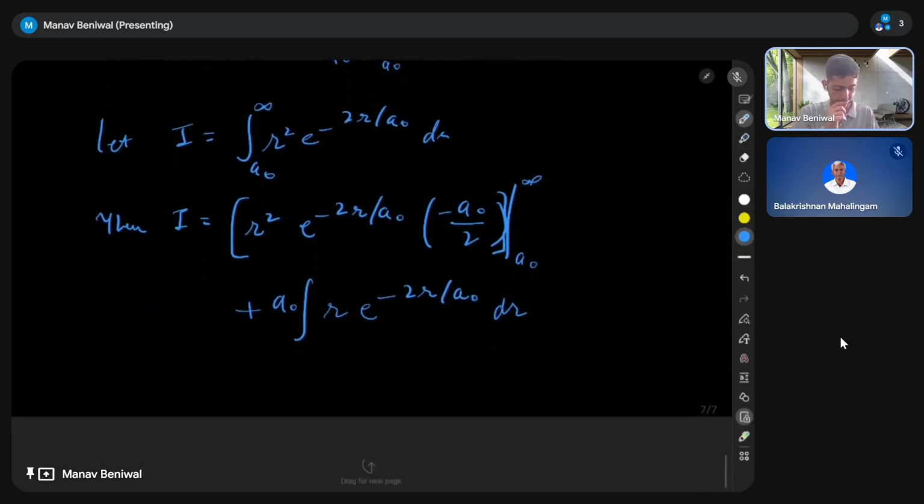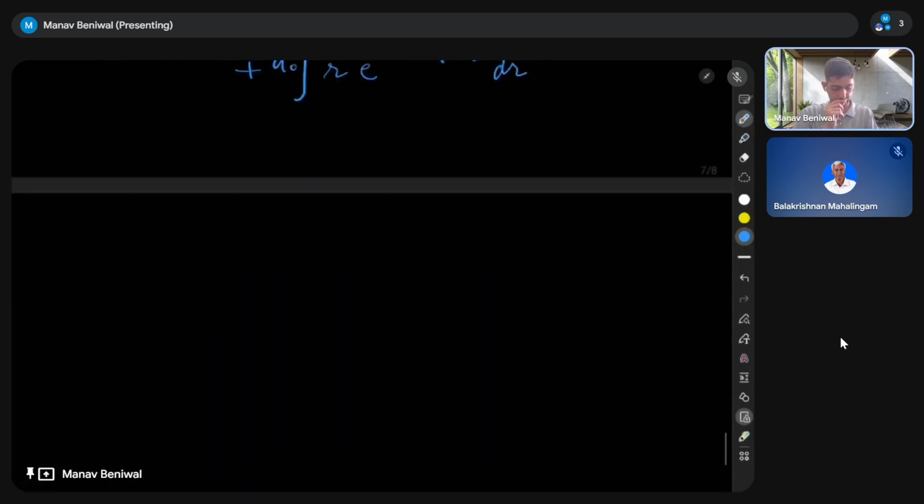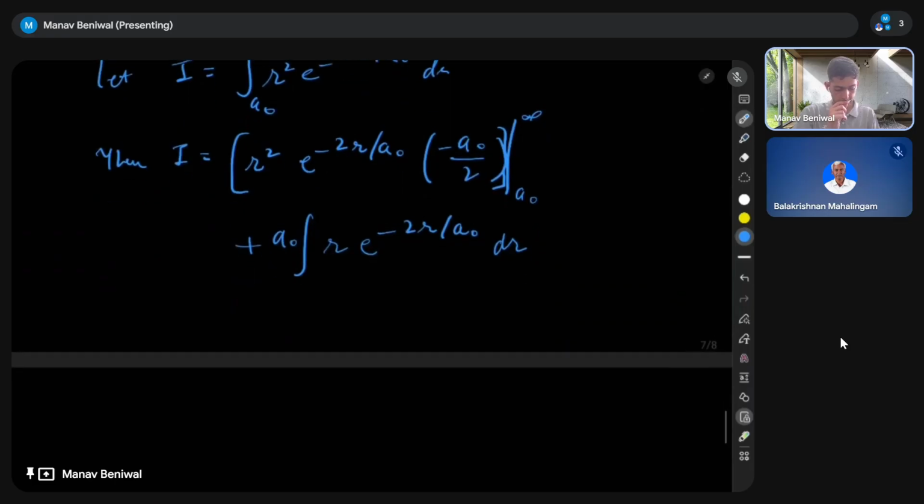Okay, so we will have this term. So now if we put the limit infinity, this term goes to 0, so only the a naught term remains. So our I then becomes, this minus minus will become plus, so a naught by 2 into a naught squared e to the minus 2 a naught by a naught, so e to the minus 2.